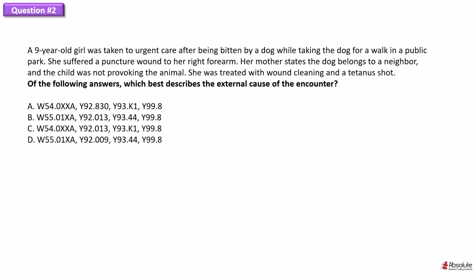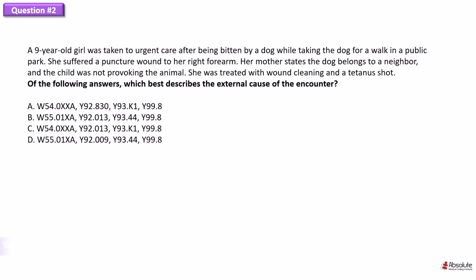Question number two. Of the following answers, which best describes the external cause of the encounter? Options are option A, W54.0XXA, Y92.830, Y93.K1, Y99.8. Option B, W55.01XA, Y92.013, Y93.44, Y99.8.